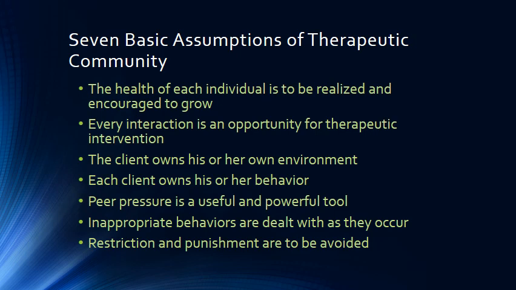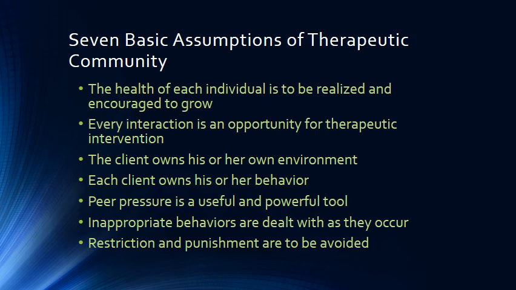The second is that every interaction is an opportunity for therapeutic intervention. We want to make the most of our time with these clients, and we want to structure the therapeutic milieu to be as therapeutic and effective as possible. So always think about the fact that you have the ability to make a difference with every single interaction.